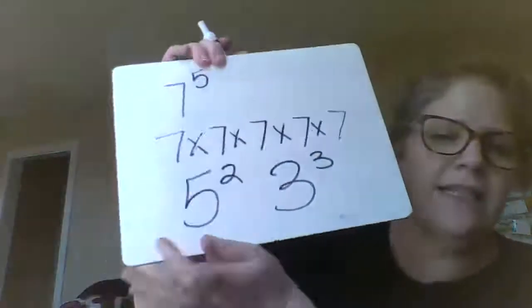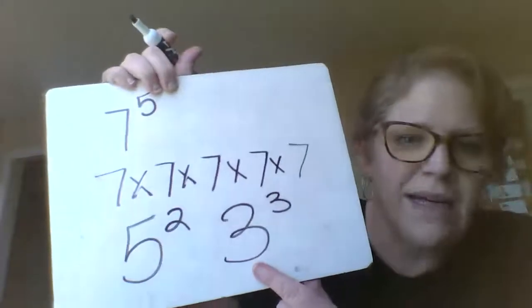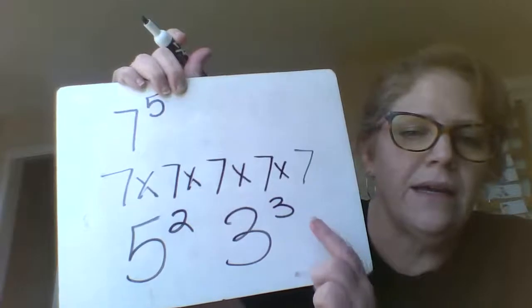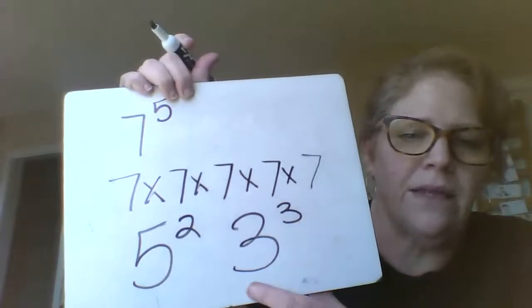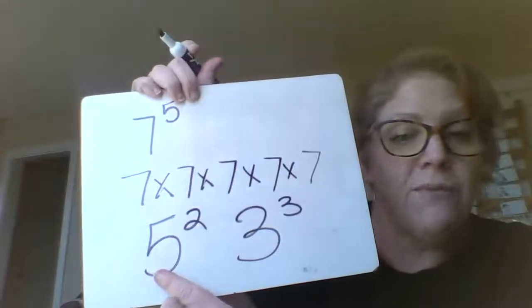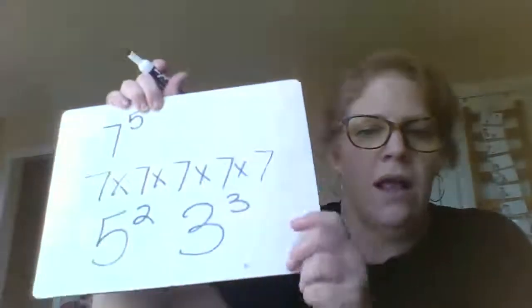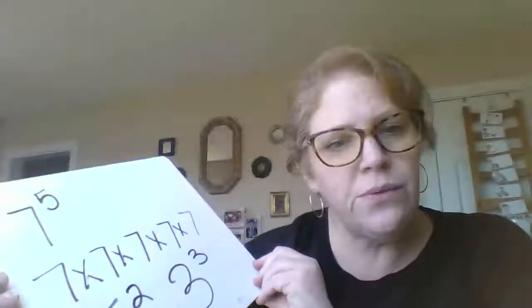Cubed is any number to the 3rd power. In this case, this example is 3 cubed because I'm multiplying 3 times itself 3 times. 3 times 3 times 3. I'm multiplying 5 by itself 2 times. 5 times 5.